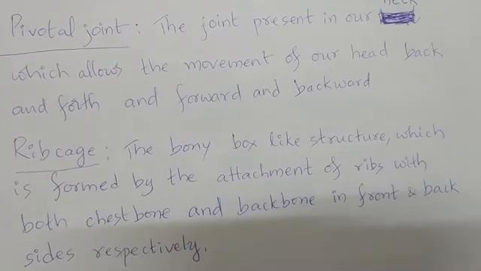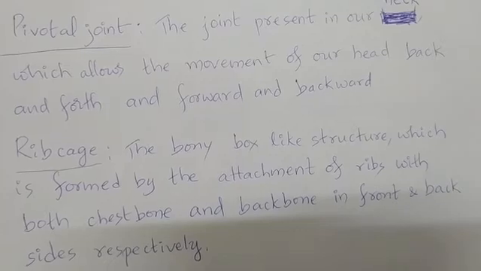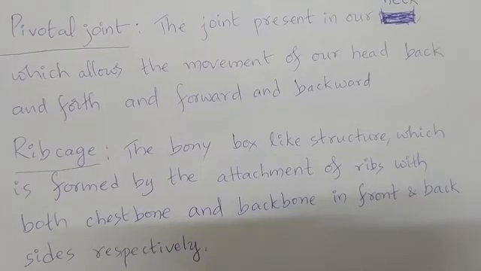Means ribs are attached in front side with chest bone, and in the back side with backbone. And by being attached to chest bone in front side and backbone in back side, the box-like structure is formed.